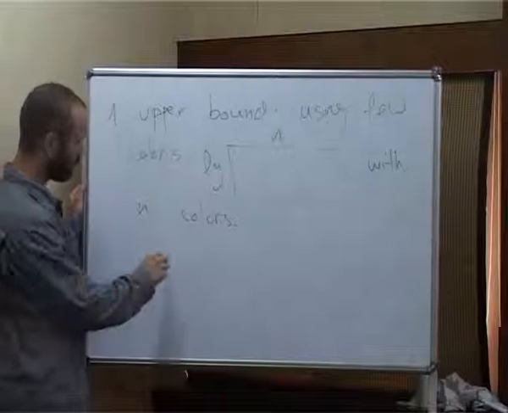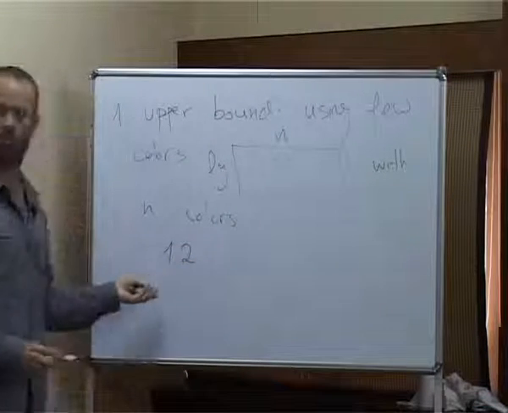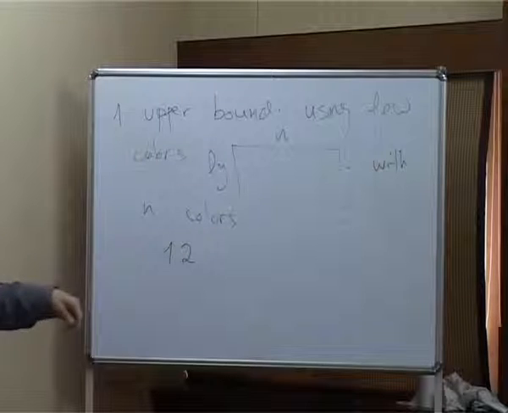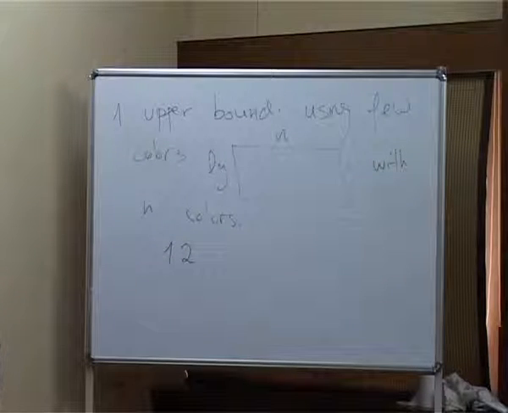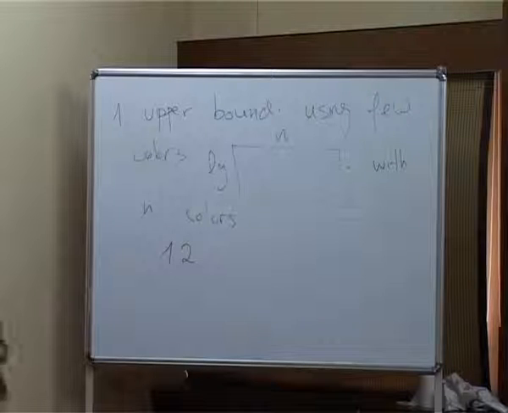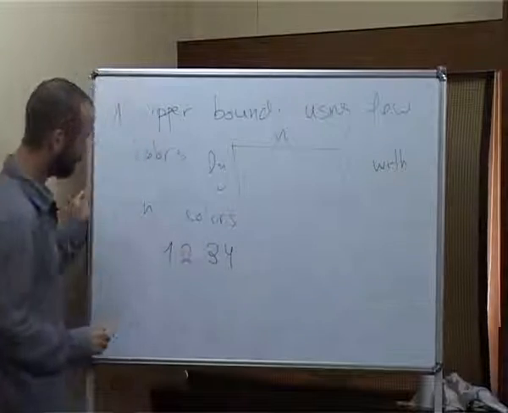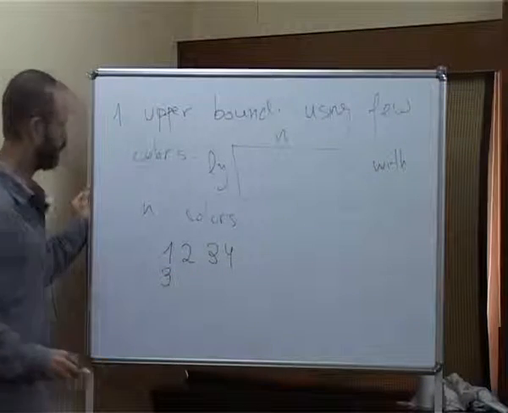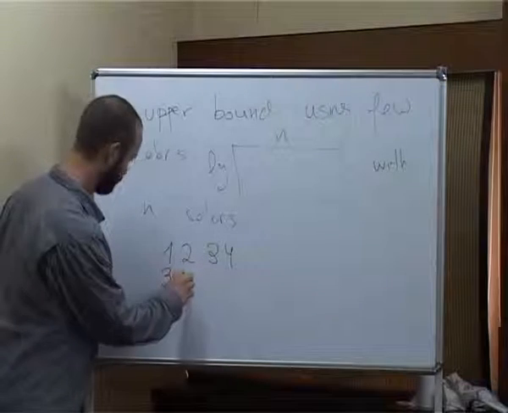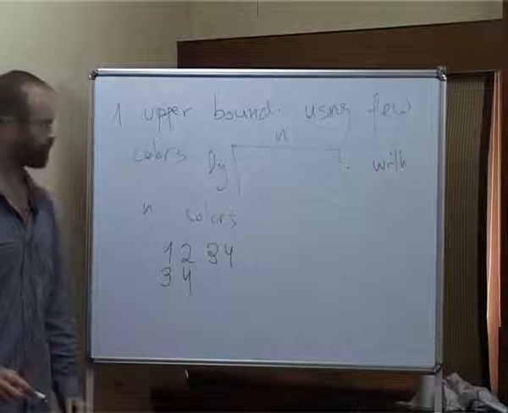So we start with 1 and 2. This is exactly n and log n. And now I will just add 3 and 4, and write 3 and 4 also below 1 and 2.